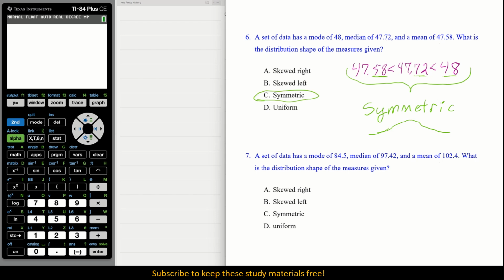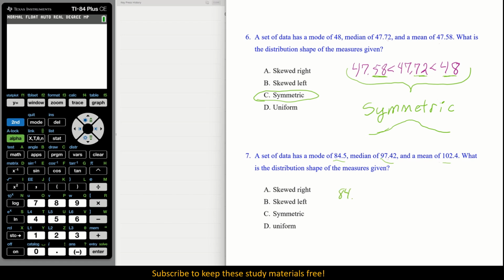Let's look at number 7. A set of data has a mode of 84.5, a median of 97.42, and a mean of 102.4. Okay, now thinking about the last question, these are not close to each other. No, they're not within that close distance, even though they're decimals. So what do we have? We have our mean being the highest and our mode being the lowest.